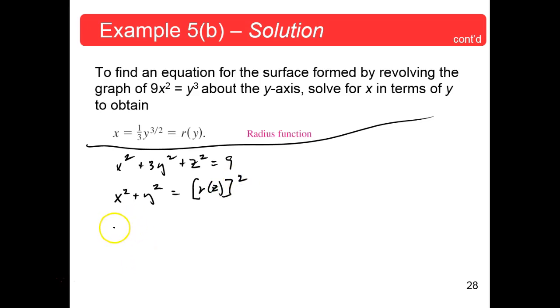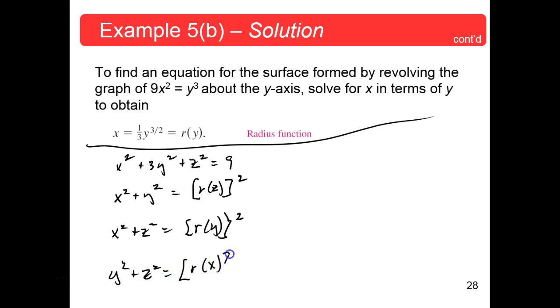Or you could have x squared plus z squared equal to some r of y squared. Or you could have y squared plus z squared equal to some r of x squared.